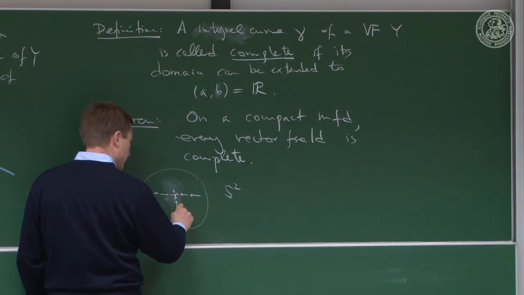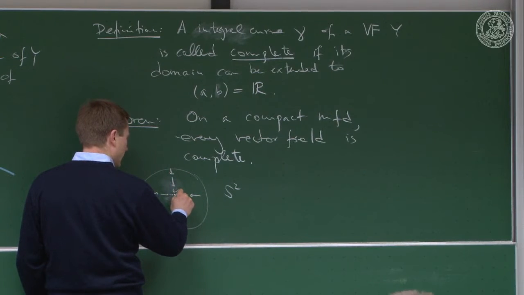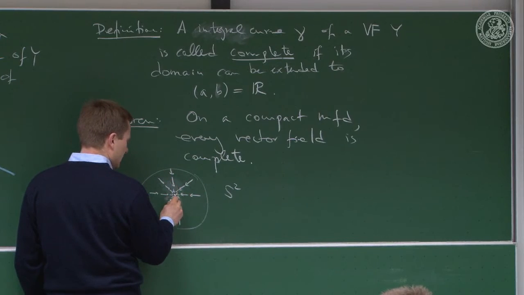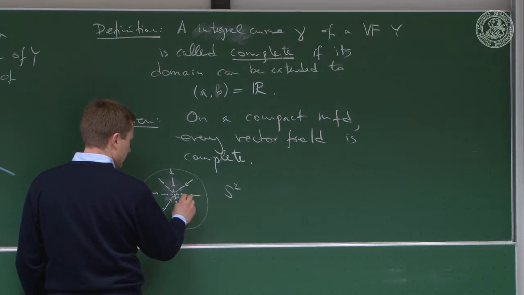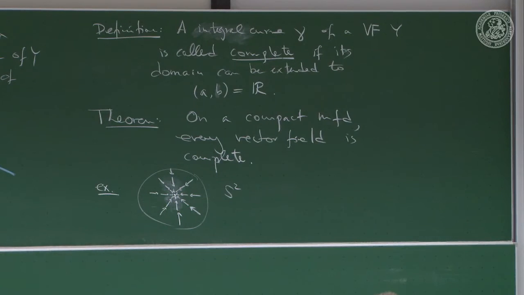But we know there must be such a point where it vanishes. We used this argument, you cannot comb a sphere, when we discussed the non-existence of bases of the module of vector fields and so on. So let's say we're on the sphere and it looks like this.